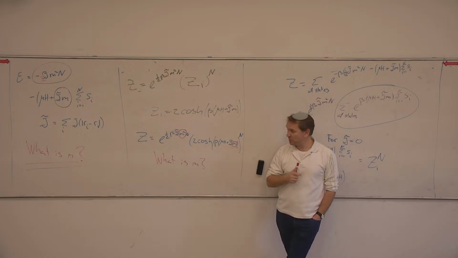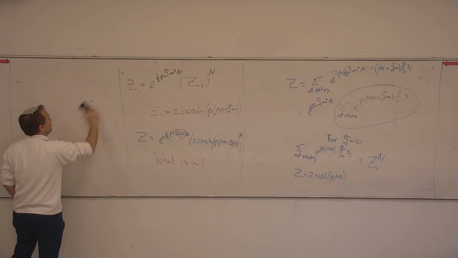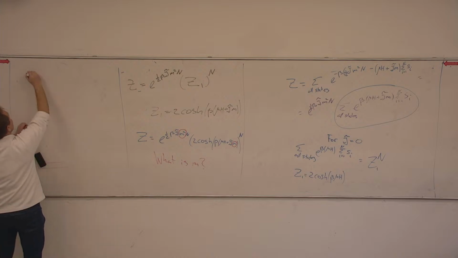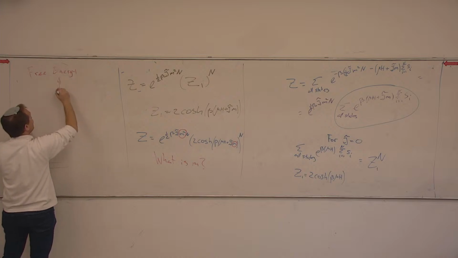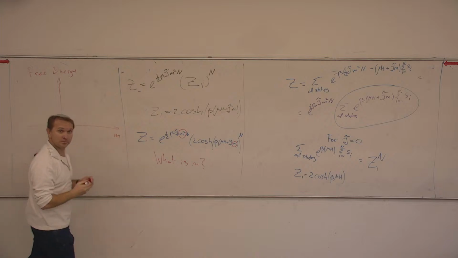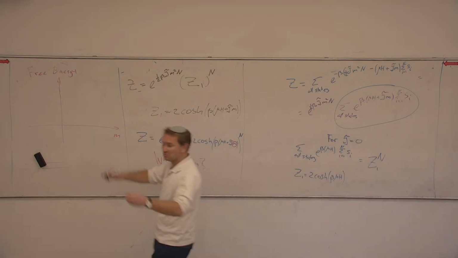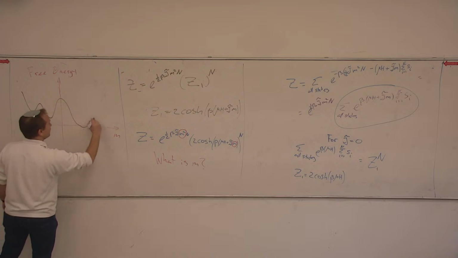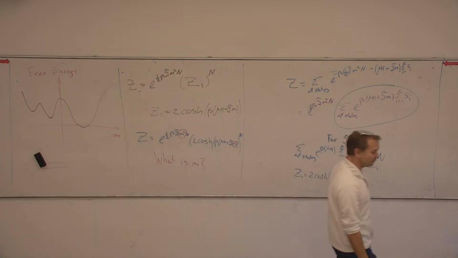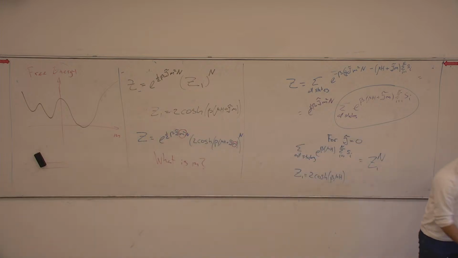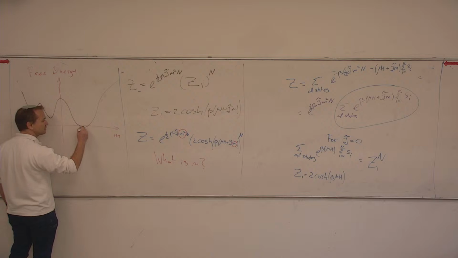What we do know is that if we look at the free energy plotted as a function of M, and this free energy can be something, an awful function, if we know what the free energy is as a function of M, which is our free parameter, the system would choose one specific point, the minimum of the free energy.